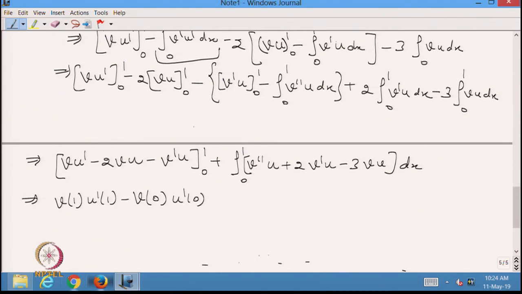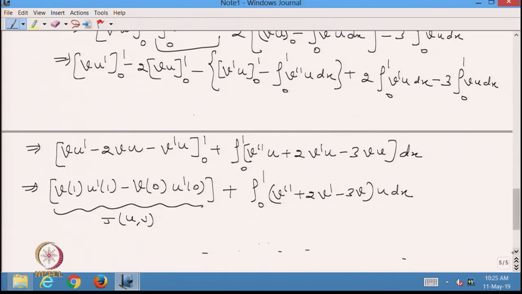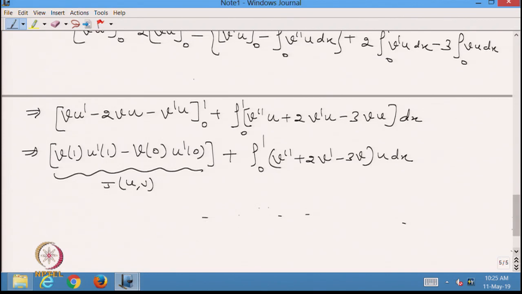So, I will be left with only this one, plus the integral from 0 to 1 of v double dash plus 2 v dash minus 3 v times u dx. So, this is my bilinear concomitant, and I can write this as G, this one.